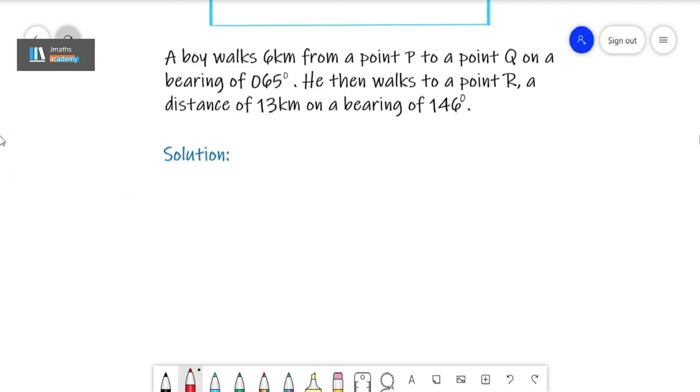Solution. So the first thing we are going to do here is to transform this question into a diagram. So in bearing, when you have a question like this, that's what you want to do to solve the question.